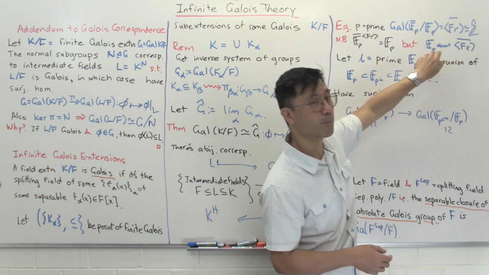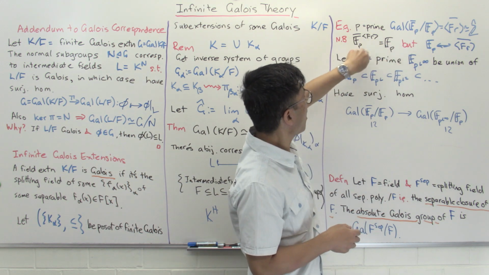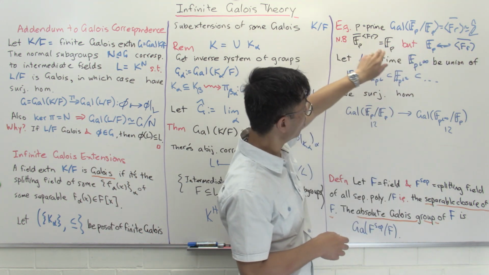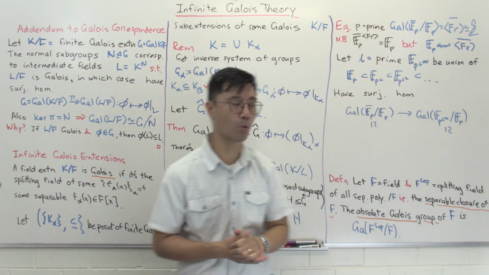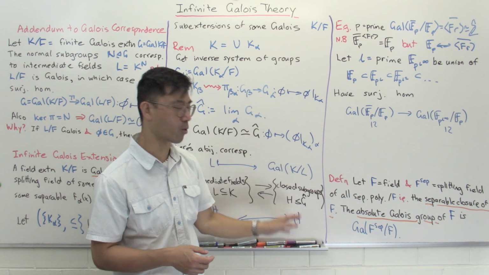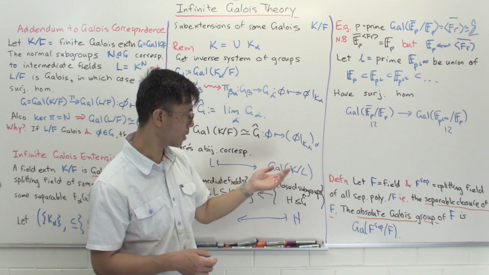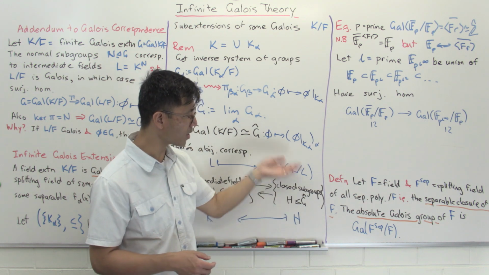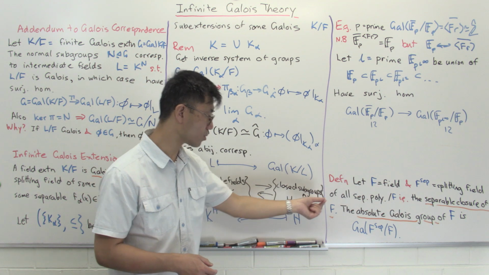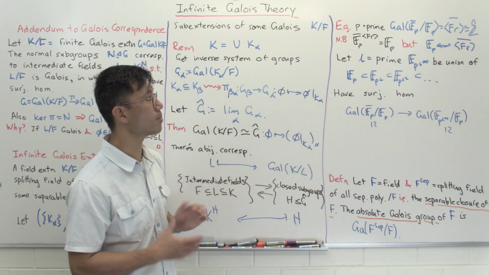The fixed points of this closed subgroup, the whole Galois group, give Fp. So if you want a one-to-one correspondence, you've got to restrict yourself to closed subgroups. Otherwise, there are many more. Going in this direction, you'll only hit closed subgroups, and some non-closed subgroups will give you the same image as a closed subgroup.